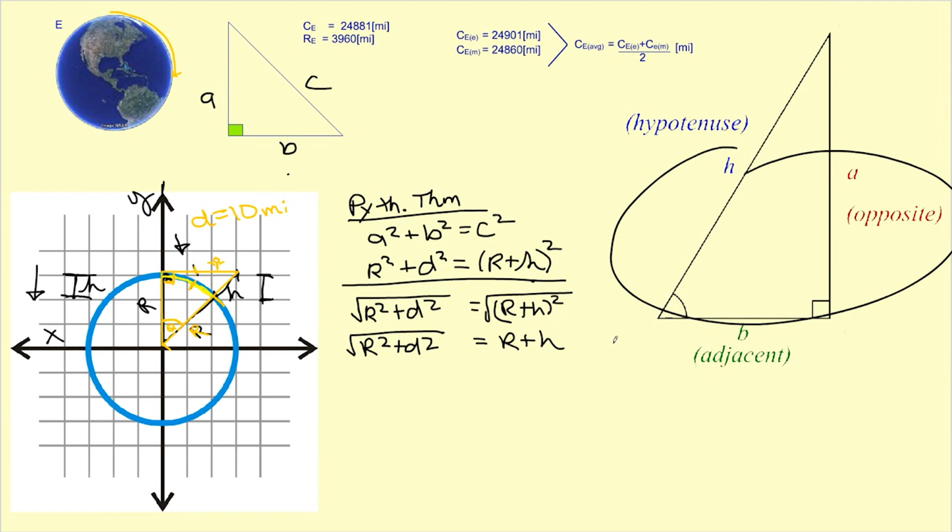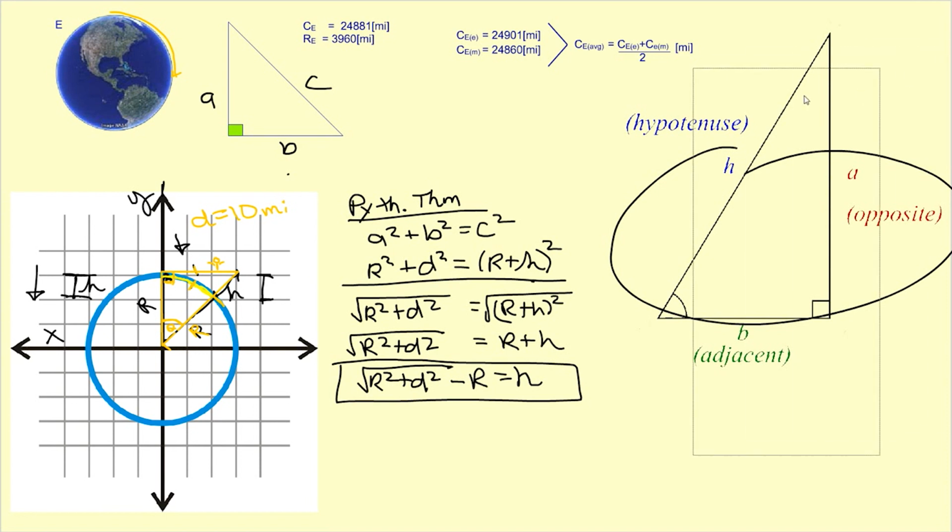So furthermore, we're going to isolate h more. We're going to bring r to the left: square root of r squared plus d squared, minus r, equals h. And that is your answer. That is how far he went down.